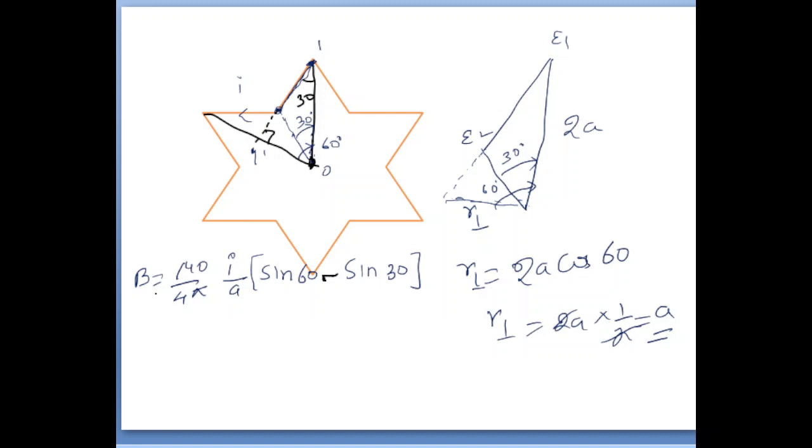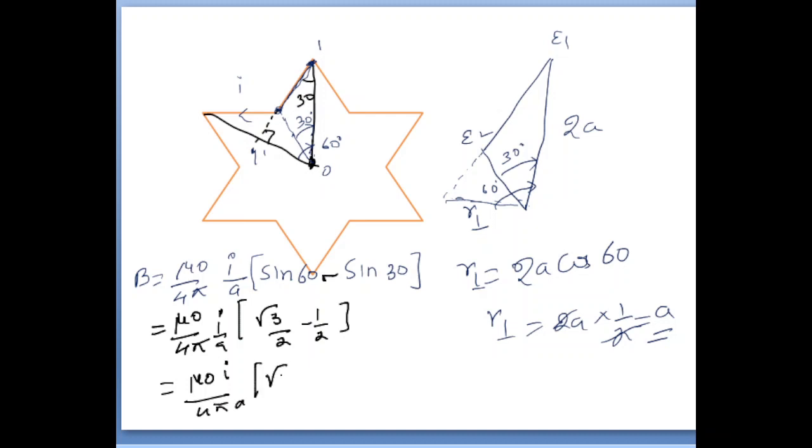So now if I substitute here, mu naught by 4 pi, I by a, sin 60 is root 3 by 2, sin 30 is 1 by 2. So total is mu naught I by 4 pi a times (root 3 minus 1) by 2. This is the magnetic field due to one segment. So how many segments are you having?